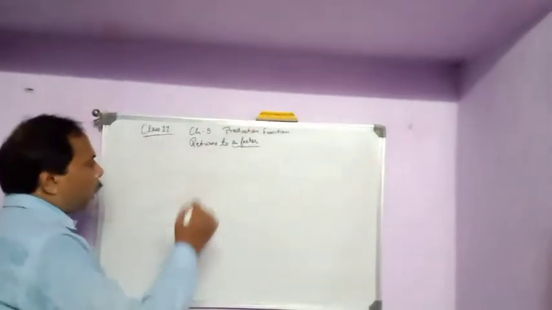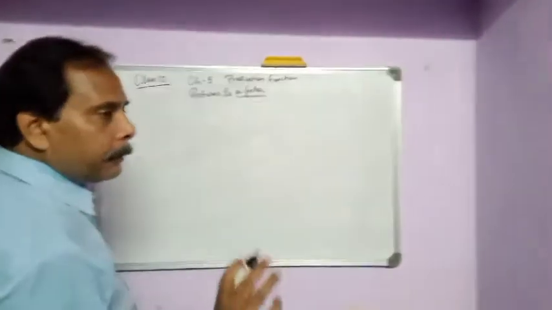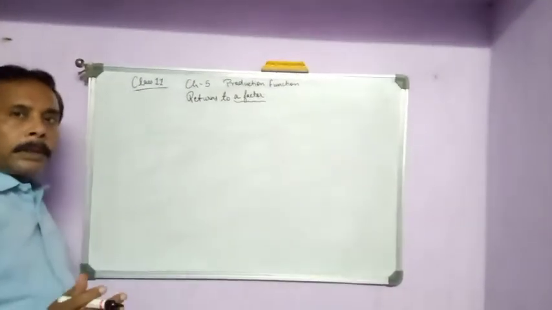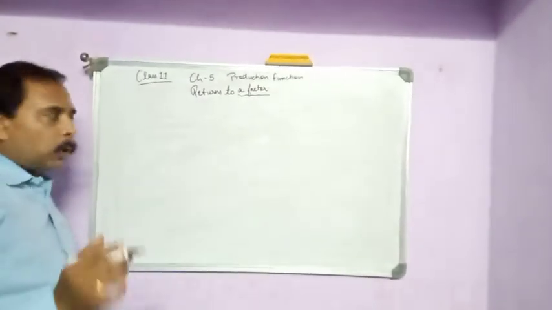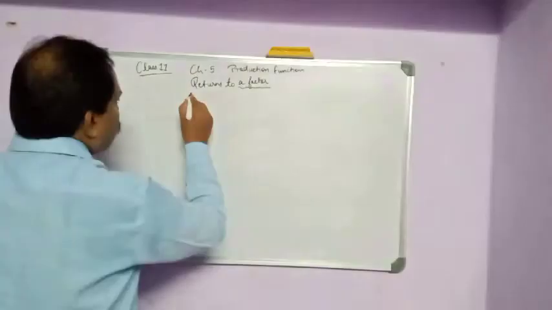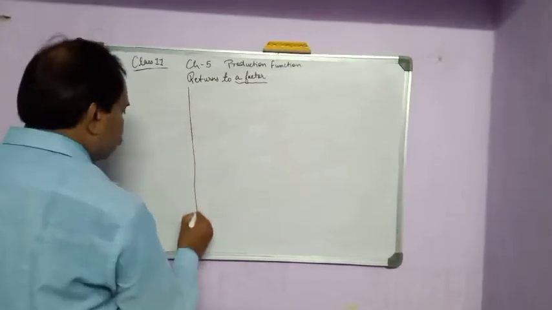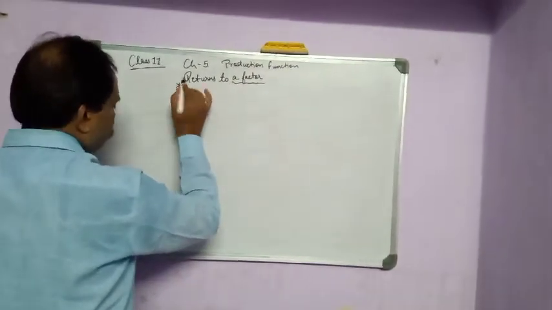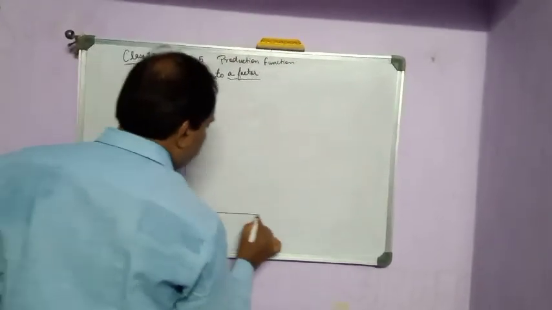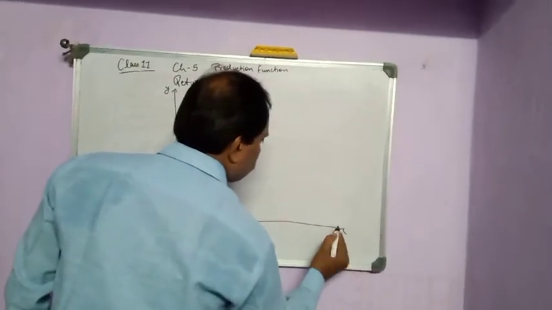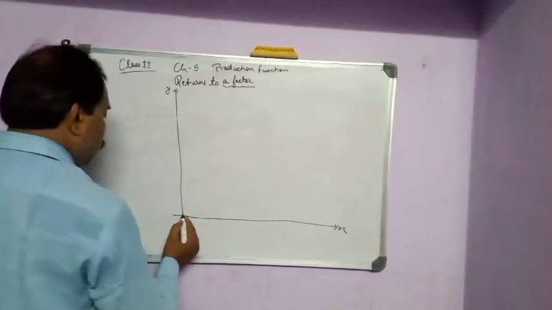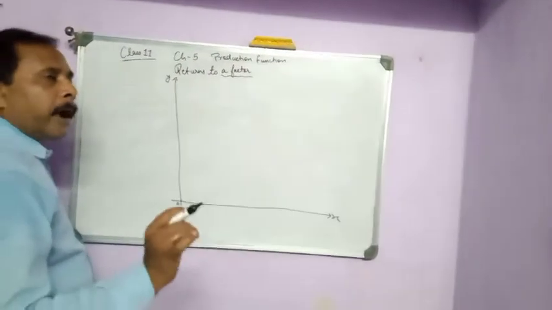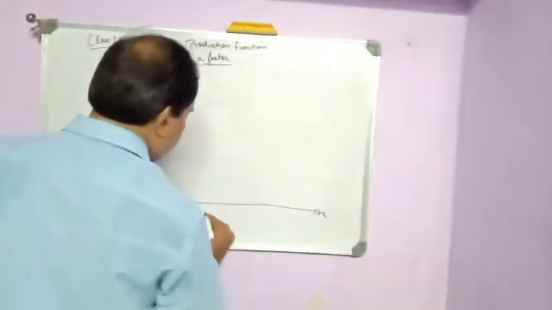So now come to the diagram. In the same diagram I will try to make marginal production along with total production. Okay, so there are two axes. One is the y axis and the other is the x axis. Is it clear? On the x axis we are going to take variable factors like labor.